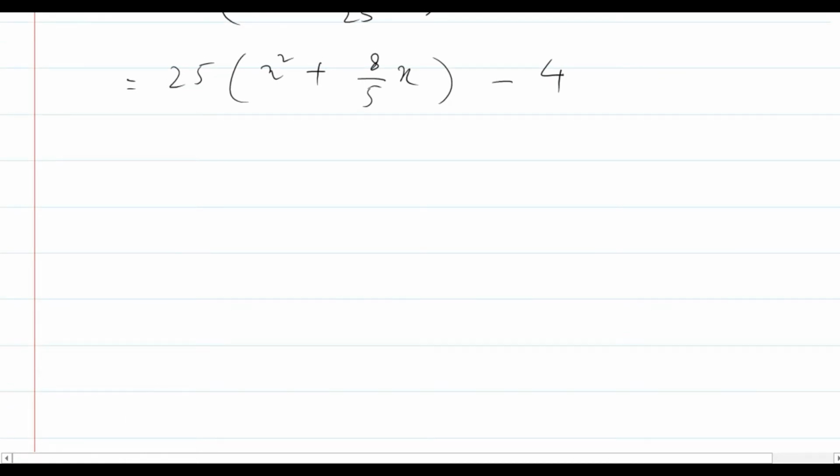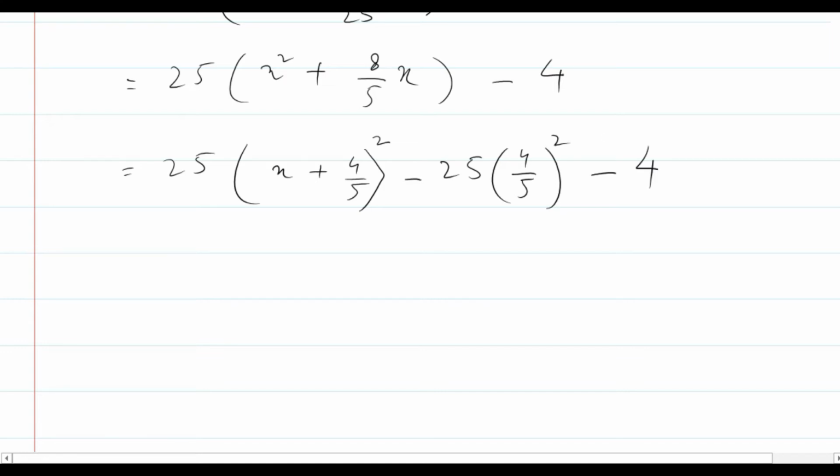Now you will apply the formula. It will become x plus 4 over 5 whole square minus 25 times 4 over 5 whole square and minus 4.